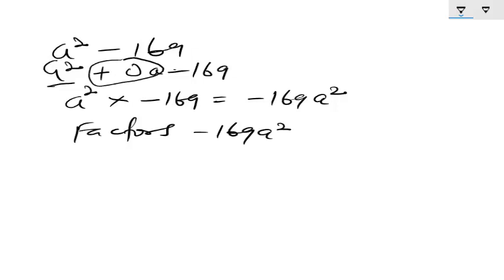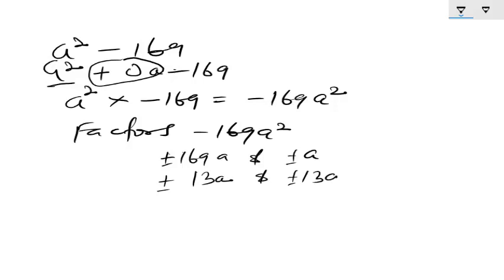So minus 169 a squared can be plus or minus 169a and plus or minus a, which means it can be plus 169a and minus a, or minus 169a and plus a. And it can be plus or minus 13a and plus or minus 13a, which means it can be plus 13a and minus 13a.